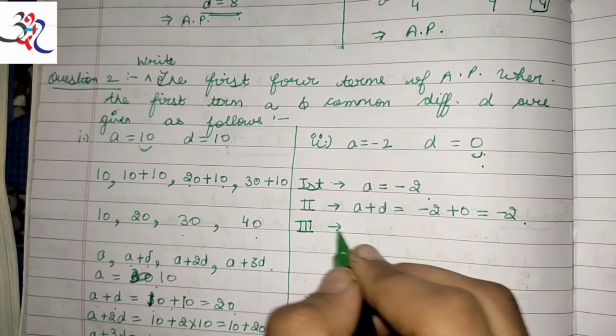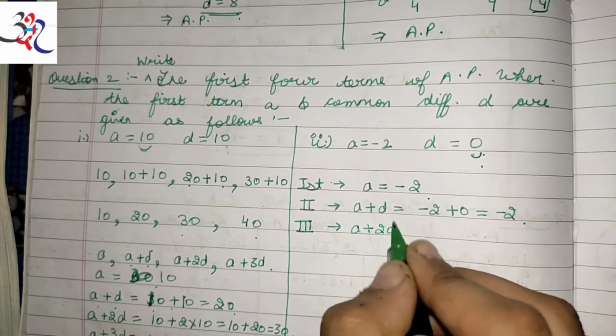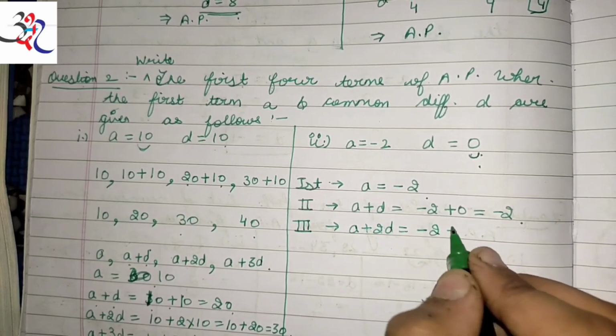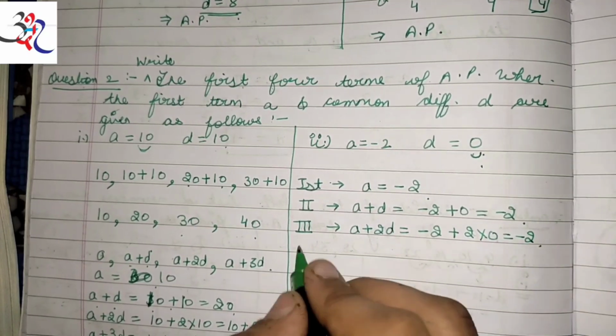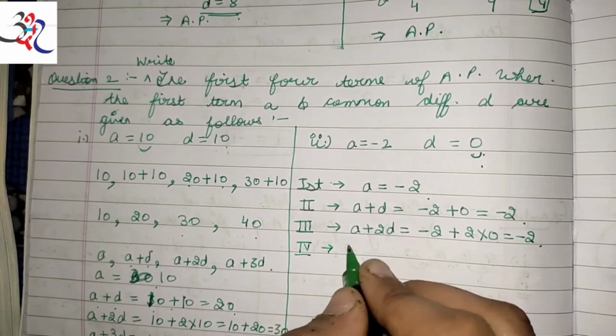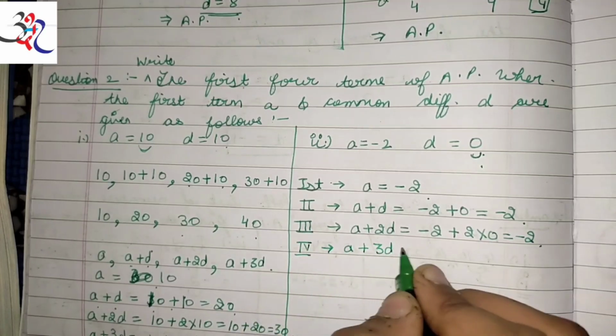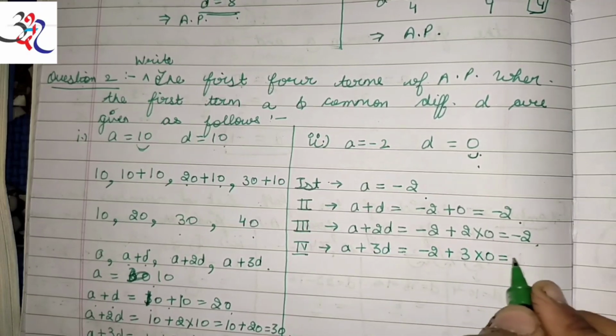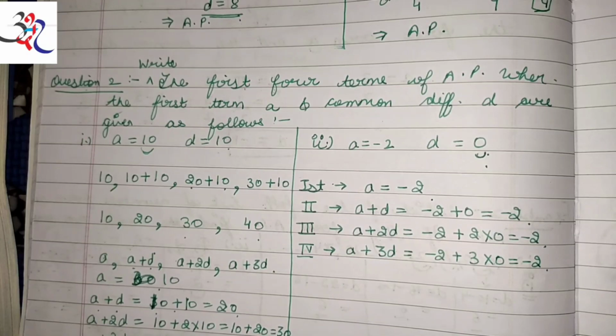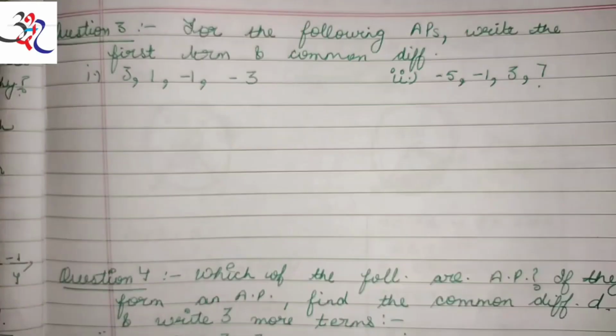Then the third term is A plus 2D, which is equal to minus 2 plus 2 into 0, which will also be equal to minus 2. And the fourth term is A plus 3D, which is equal to minus 2 plus 3 into 0, which will also be equal to minus 2.